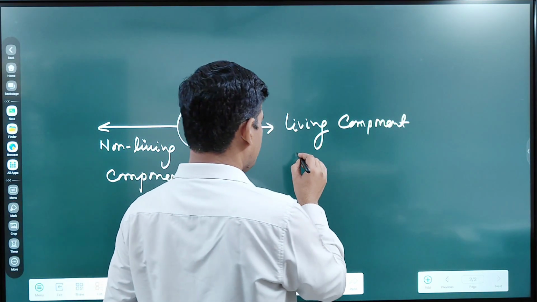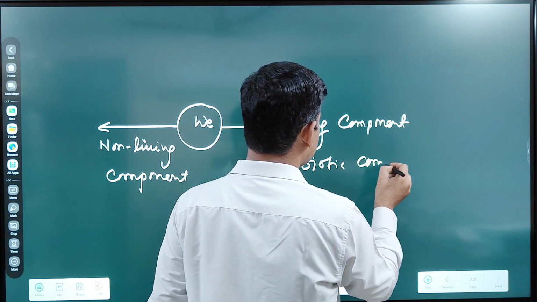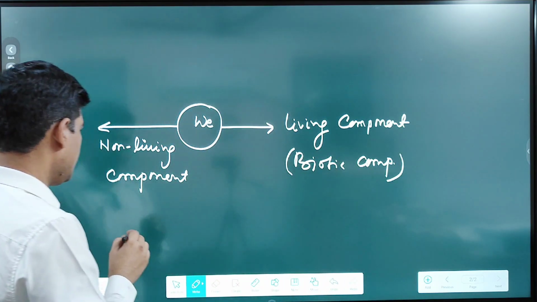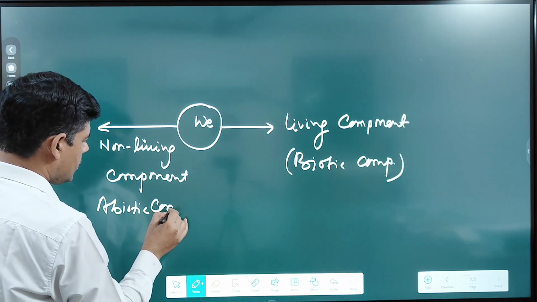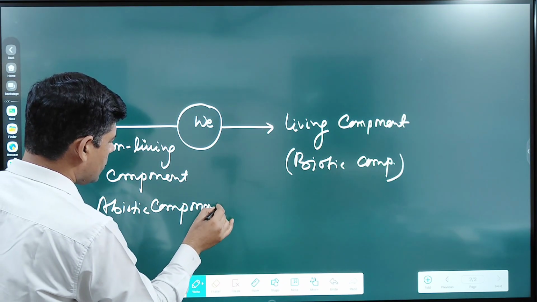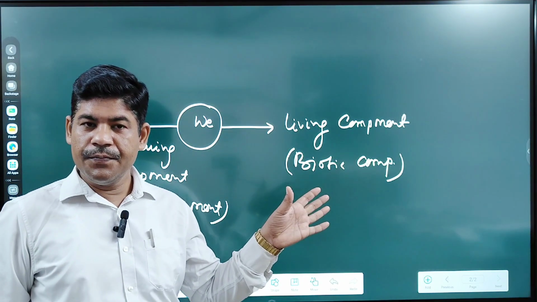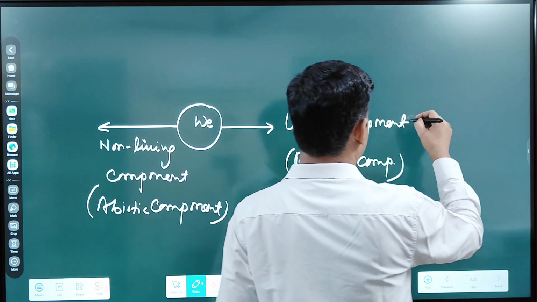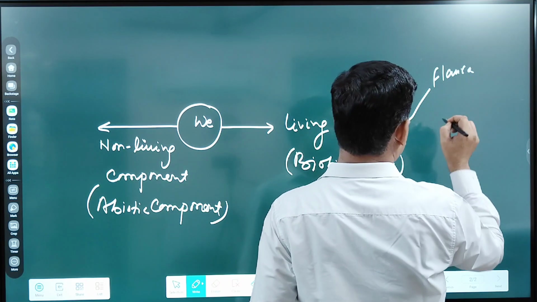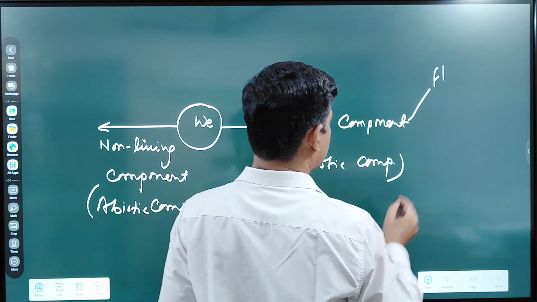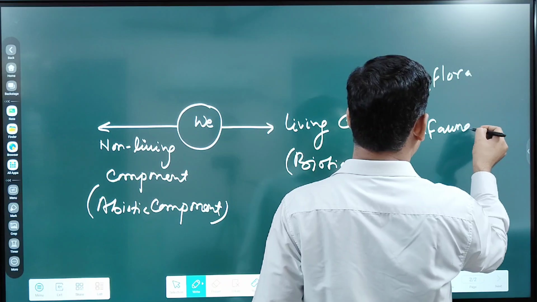You can say biotic component, here abiotic component. Living components: flora, fauna.